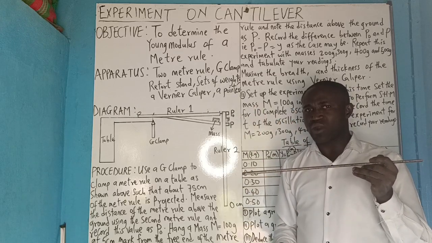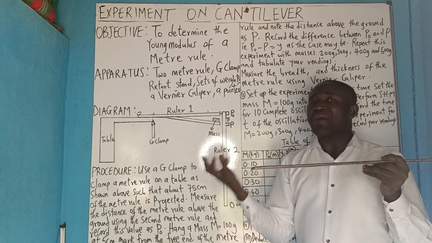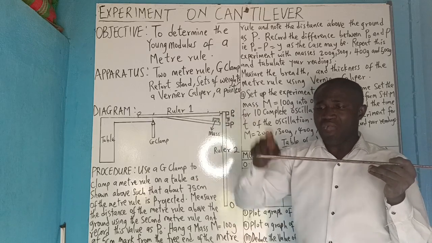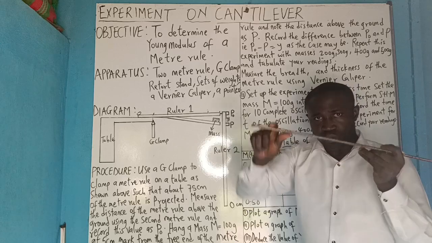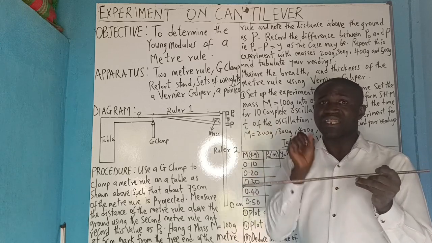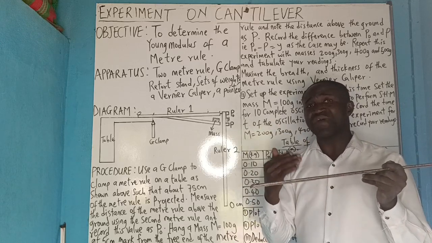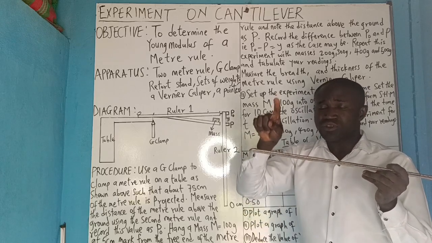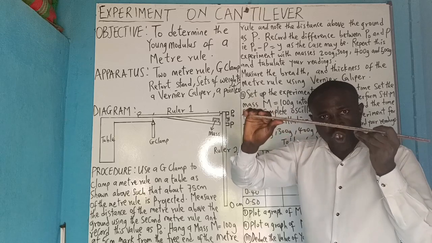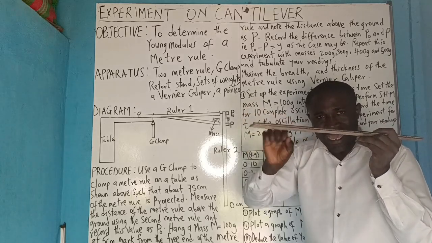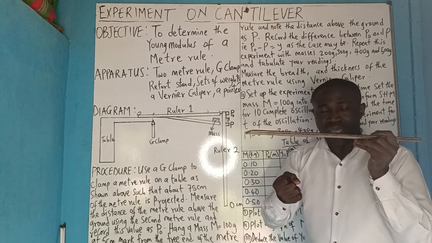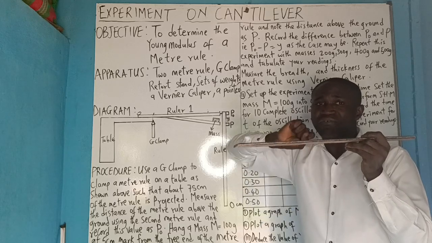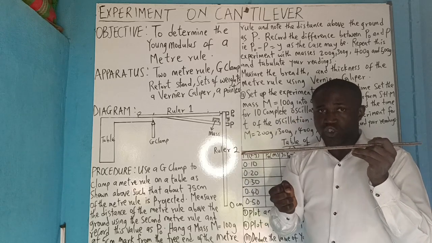There is an amount of mass I will keep on this meter rule that will break it if it is very stiff. But if it is very flexible, whenever I put mass here, it will just be bending like a flexible broom.